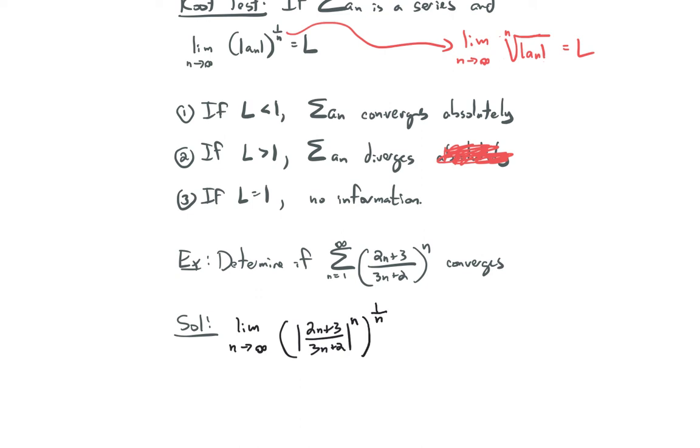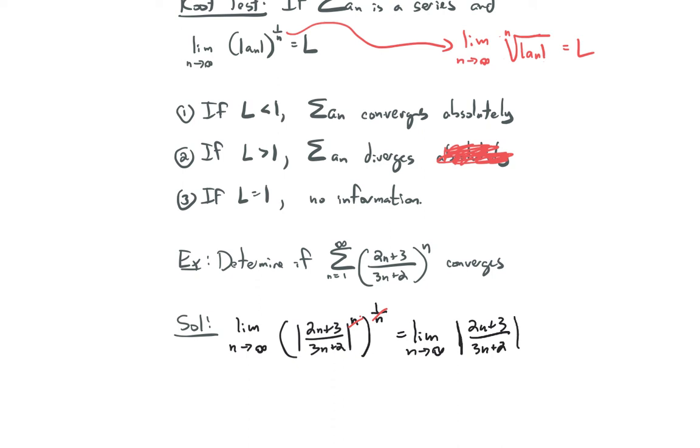And you can see exactly what's going to happen. The nth root and the nth power are going to cancel, and this is going to be the same thing as the limit as n approaches infinity of 2n plus 3 over 3n plus 2.